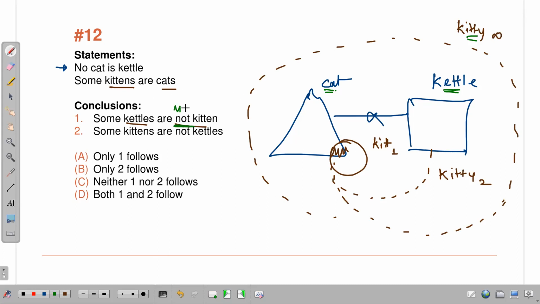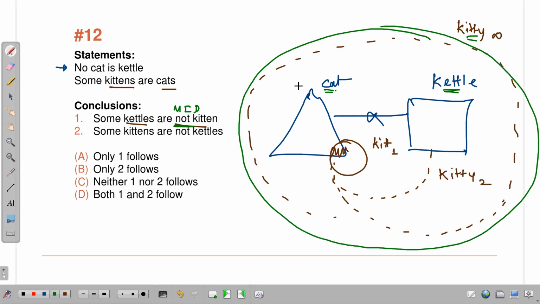So let's check it at the maximum intersection diagram, where the kettle is encompassed in the kitten. Actually, the opposite. It's some of the kittens are not kettles. So this is wrong because all of the kettles are now kittens.